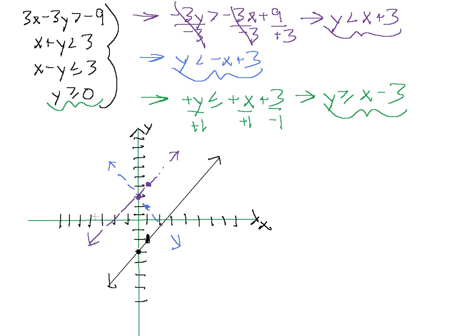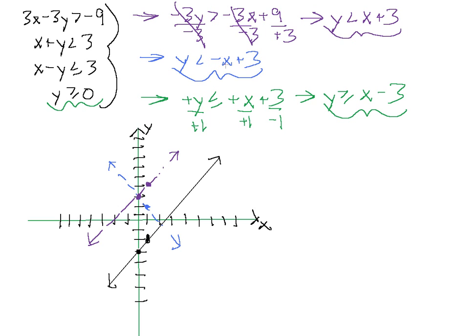Okay, so what's the solution region? Well, let's take a look. We have all the points on or above the x-axis. That's what we got from this inequality. We're looking for all of the values that are greater than y equals x minus 3, which is this black line. So we're looking for all the values on this side of the black line.